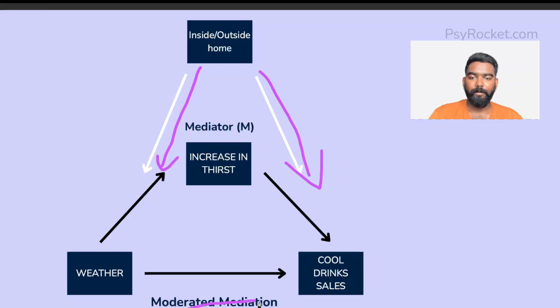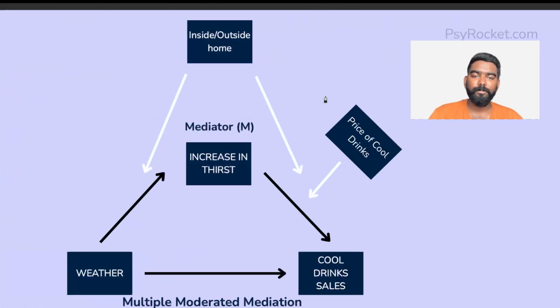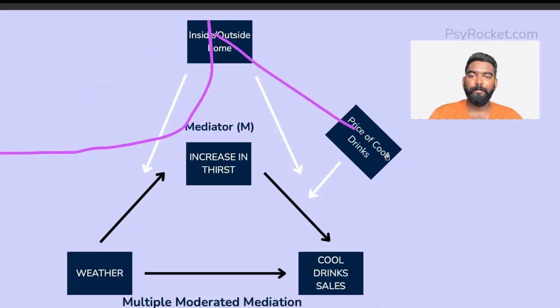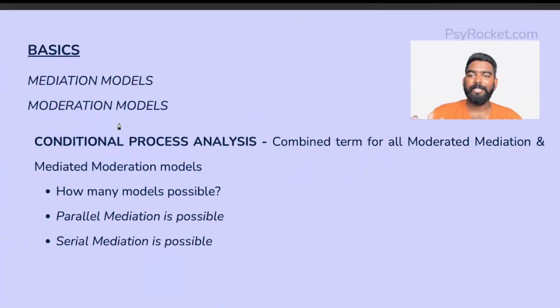Okay, and when we combine both of those moderators into one particular model, this is nothing but called multiple moderated mediation. And that particular term is called conditional process analysis. CPA is nothing but a combined term for all moderated mediation and mediated moderation models.